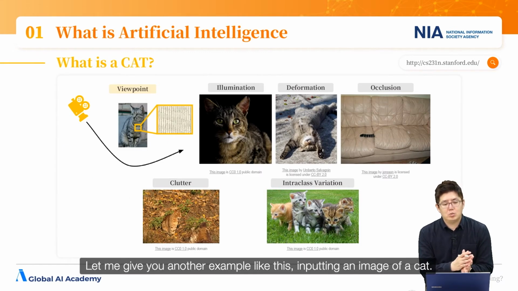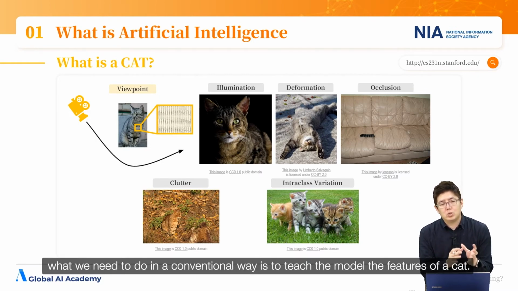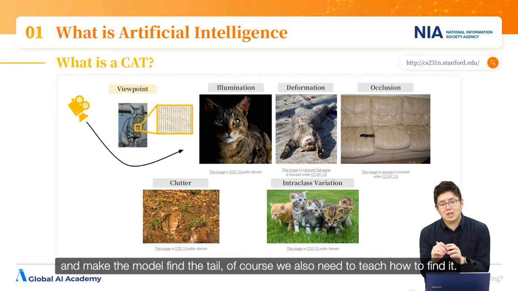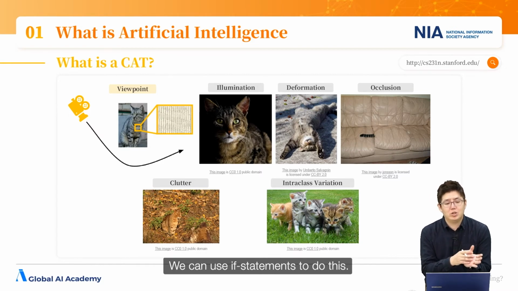Let me give you another example like this: inputting an image of a cat. When we build a model to recognize whether an image is of a cat or not, what we need to do in a conventional way is to teach the model the features of a cat. For example, we have to teach the model that a cat's tail is long, and make the model find the tail. Of course, we also need to teach how to find it. And what's the minimum length of the tail? We can use if statements to do this.